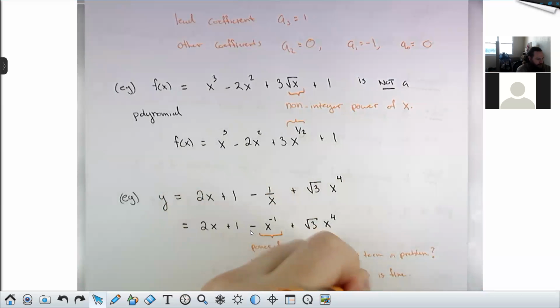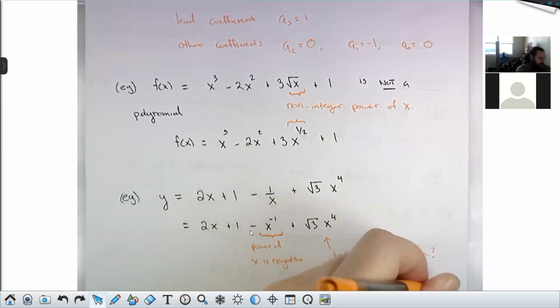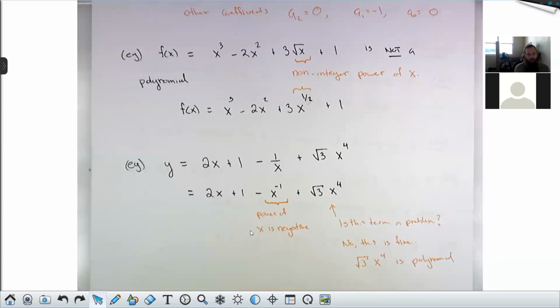In other words, square root of 3 times x to the 4 is a polynomial. It doesn't have any problems. All right. Let's see. Is there anything else we should talk about here?